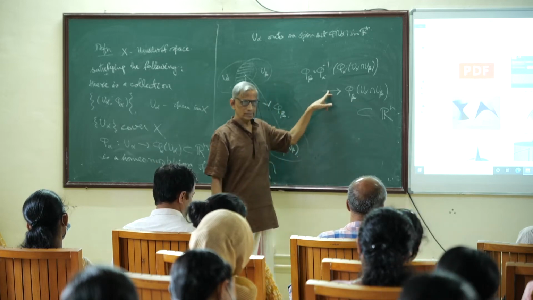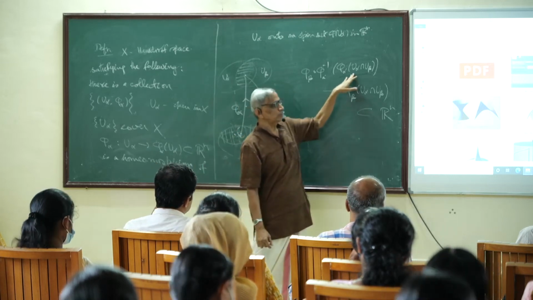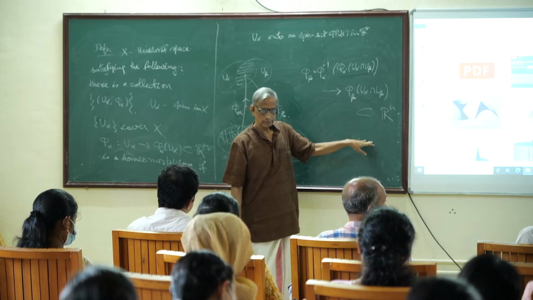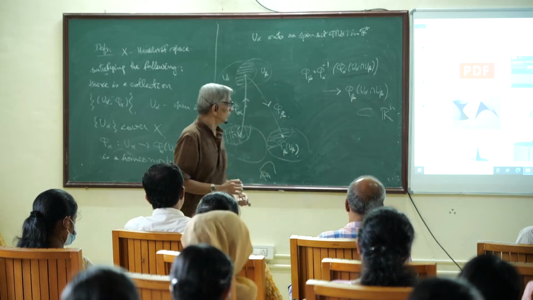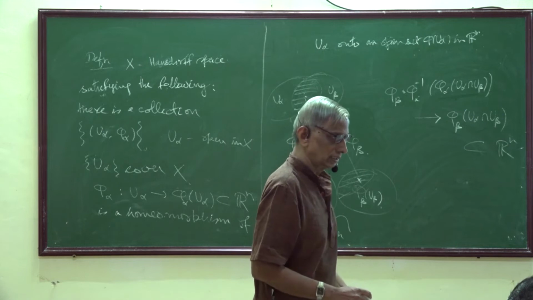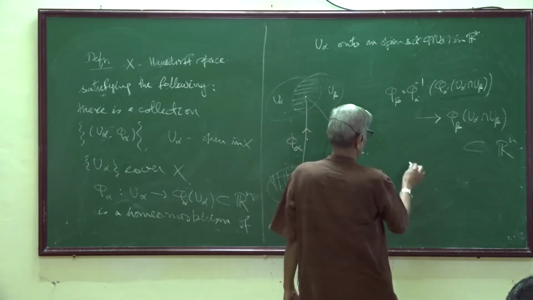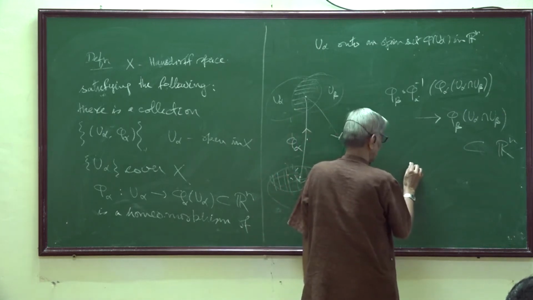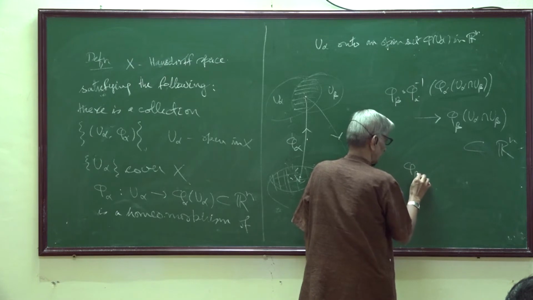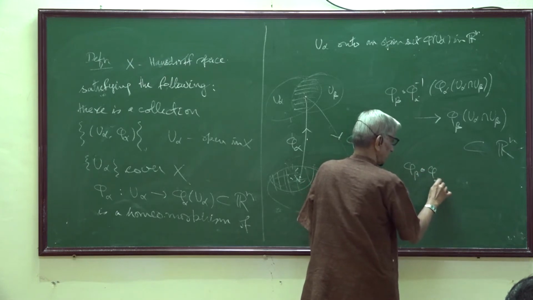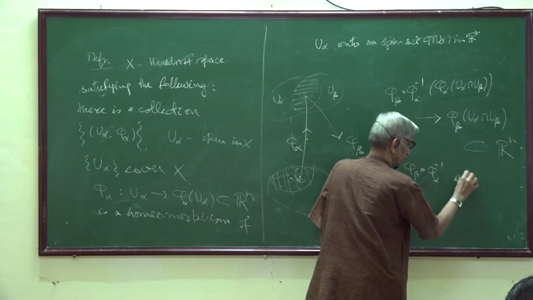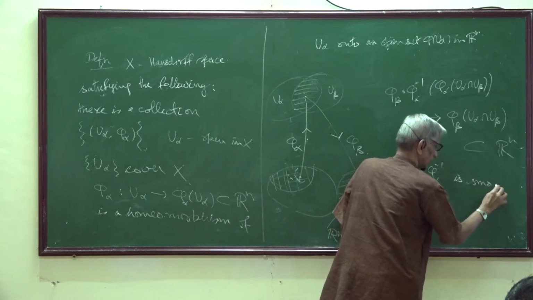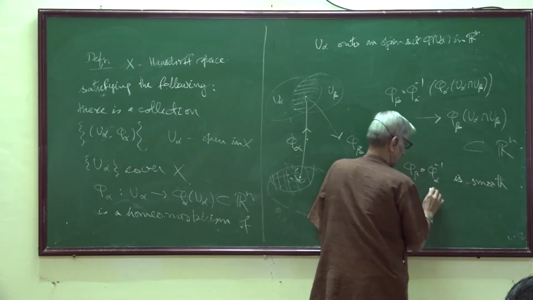What your map does is to take this open set in Rn to an open set in Rn. So the required condition is that this is a smooth function. So phi beta composed with phi alpha inverse is smooth for all alpha and beta.